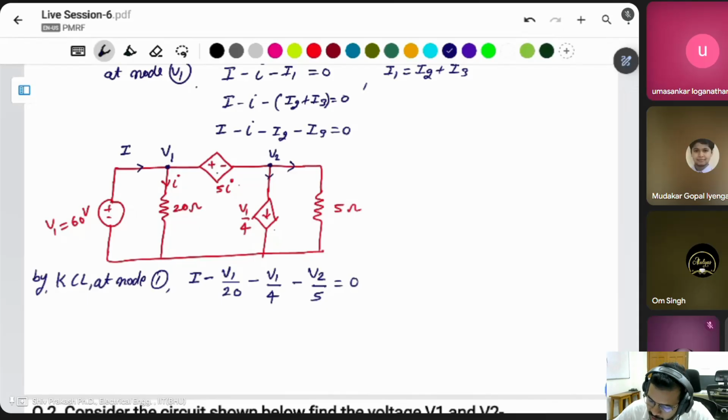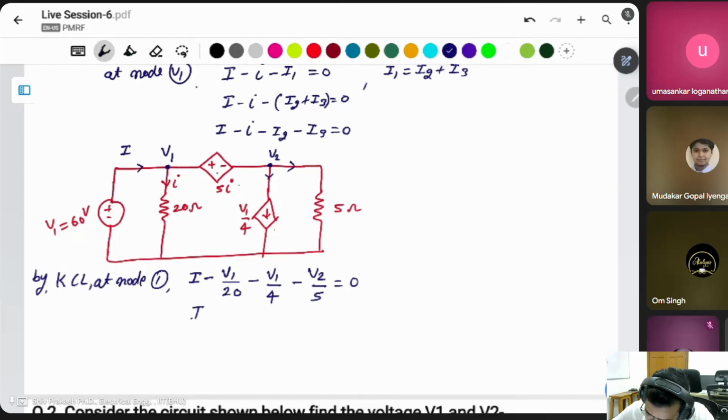You have to add both node KCL equations in a single equation. V1 is the same as 60, so you can put the value 60 here.